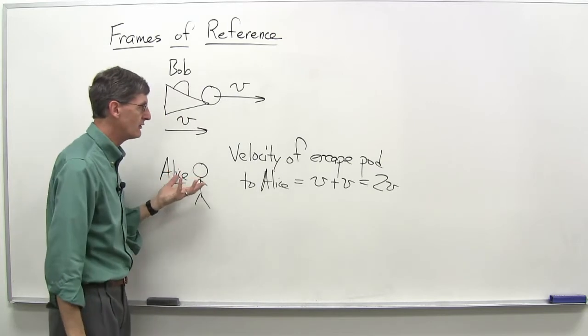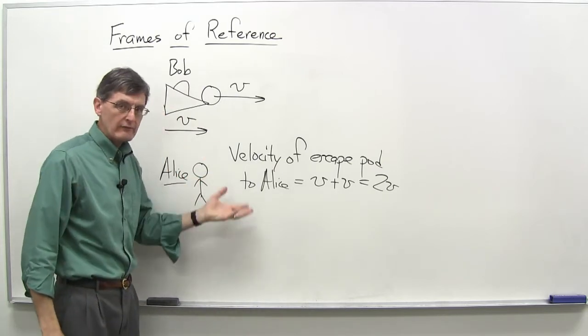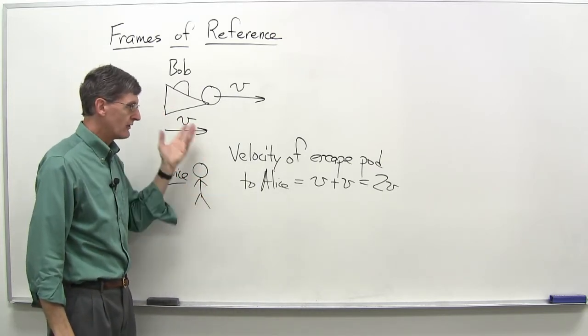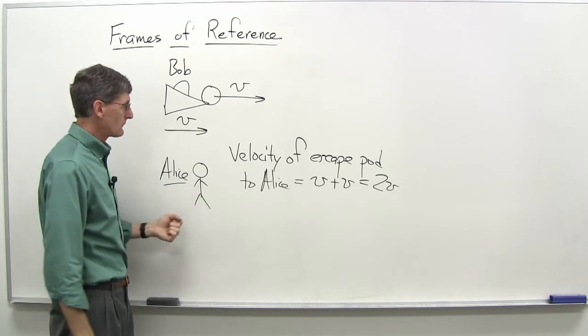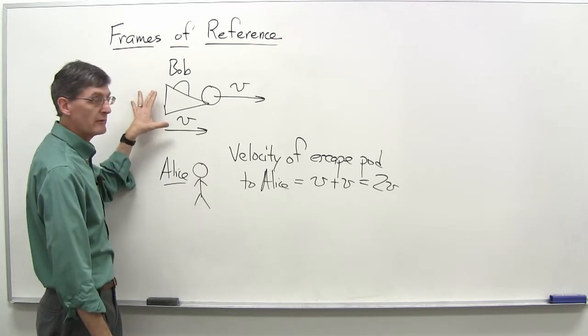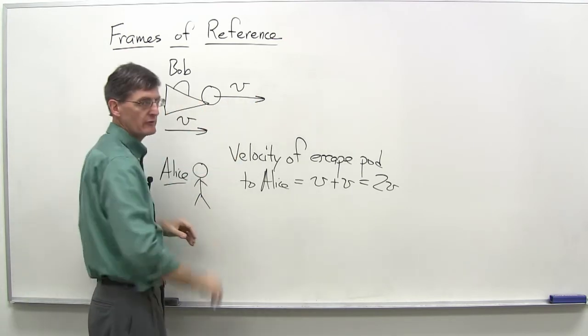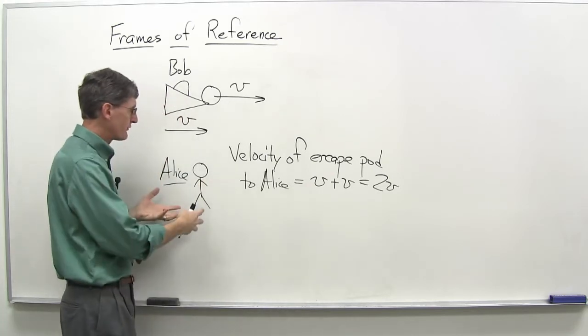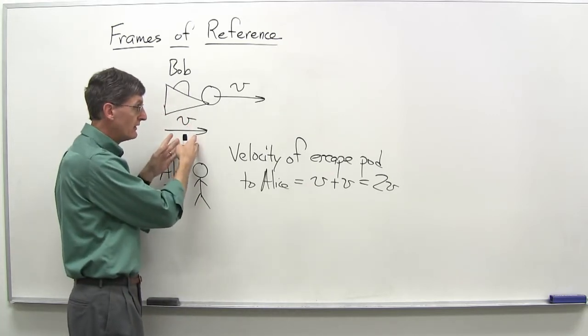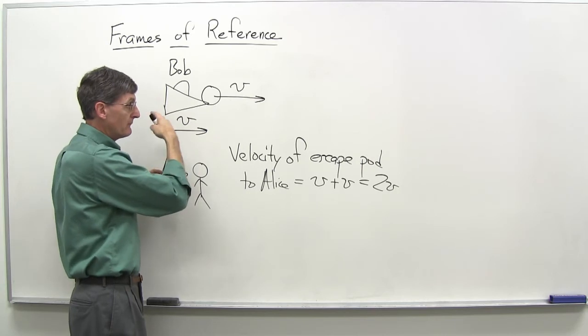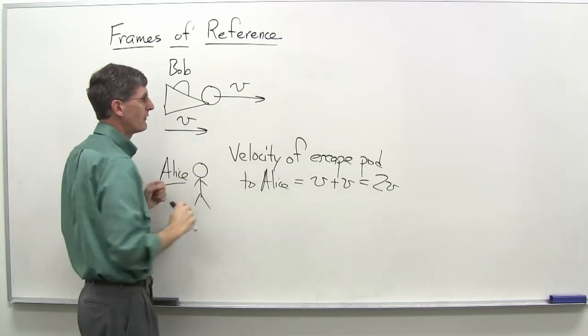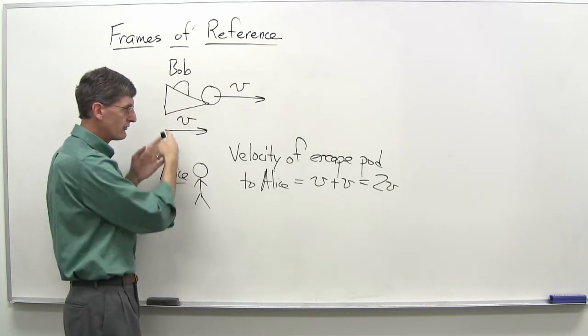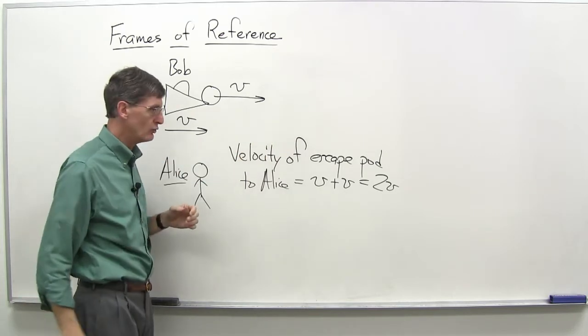So that's the idea here: when you're combining velocities in frames of reference, the velocities just add. Again, in Bob's frame of reference, he shoots out his escape pod with some velocity. In Alice's frame of reference, he's at velocity v in this case. The escape pod is moving away from Bob at velocity v, and so to Alice, the escape pod is moving at velocity 2v.